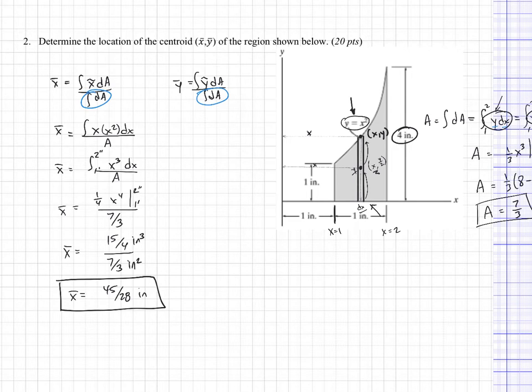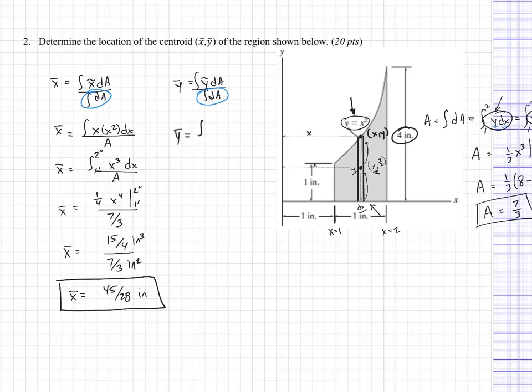Anyway, let's do the other side. Let's do the y bar. Again, we're just going to leave that area on the bottom alone until we get where we're going. It's frozen on me, as it likes to do. Okay, it unfroze. So we're going to go y bar equals the integral.